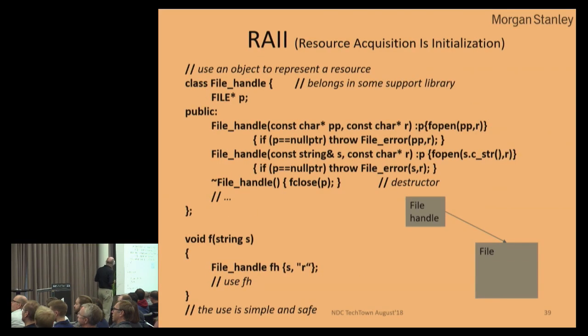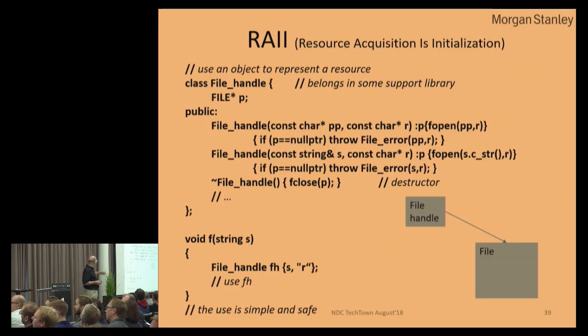And so we do something like this. We create a handle, explicitly the type handle, and it says you open the file. If you can't open it, it throws an exception. You can have several ways of opening a file, and the important thing is the destructor there. It closes the file, so we can now write the code simpler. Just give me a handle to the file called S, with read permissions.